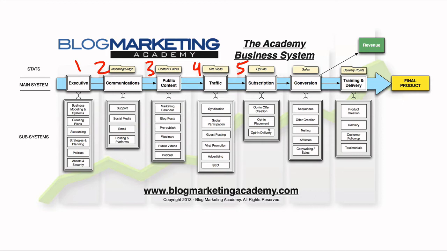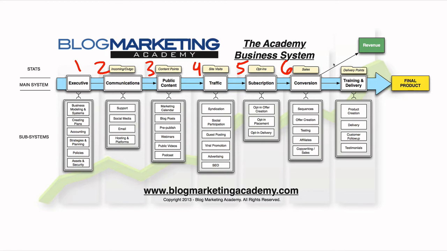And usually in our business, that means that they're going to get on your email list somehow, and that's number 5. Now, the next one is conversion, and that is because generally once somebody gets onto your email list, our next job is to get them to buy something from our business. And so that it just goes logically here.